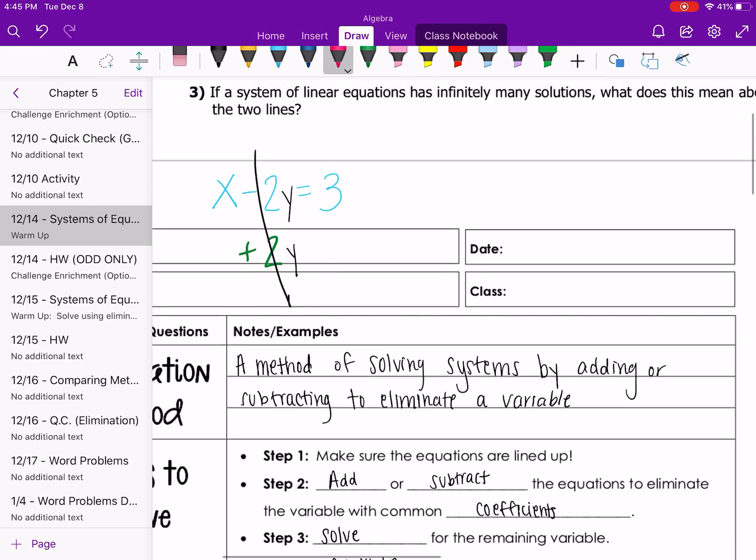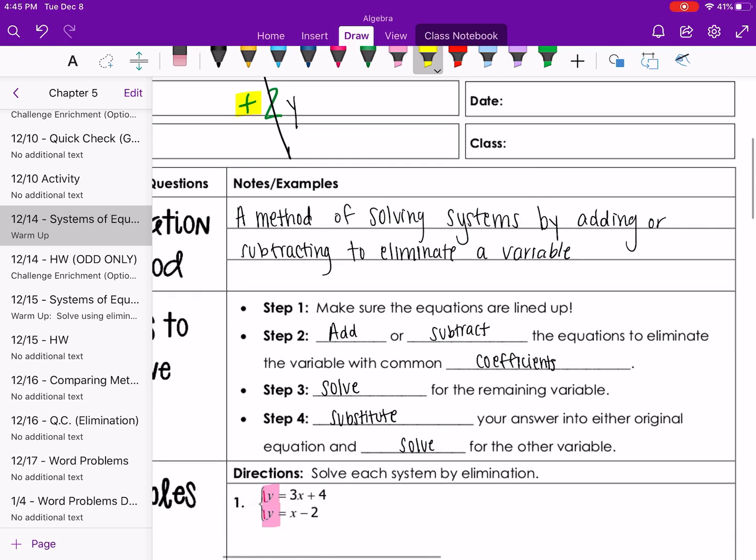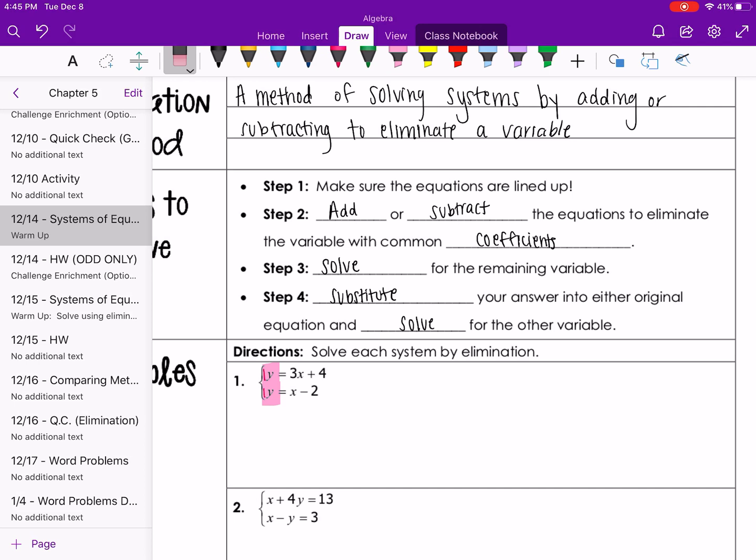Back up here, we said in order to really cancel it out, I have to have opposite operations. So what I can actually do is take this entire second equation and multiply it by negative 1.